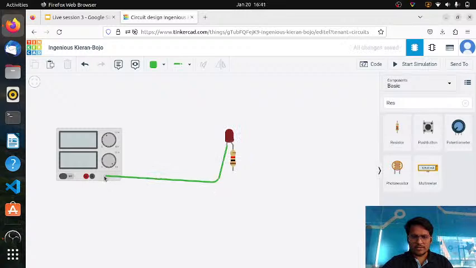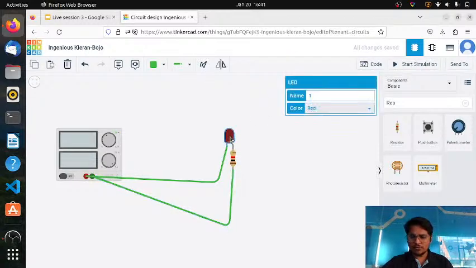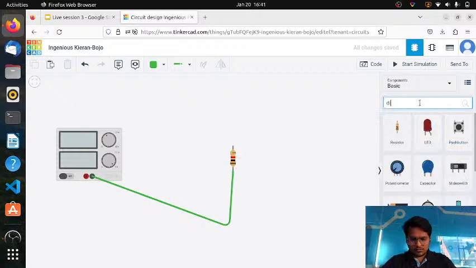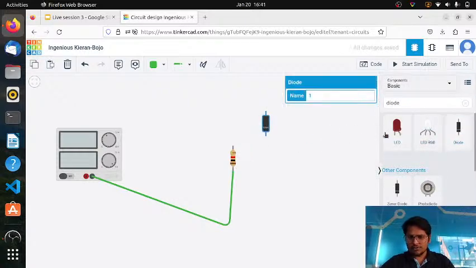If I connect negative to positive and positive to negative, the LED will not glow. This time it becomes reverse bias and it is acting as an open switch. Let me take a generic diode here. Now I will show with this diode.